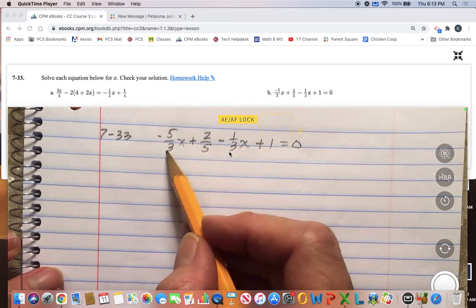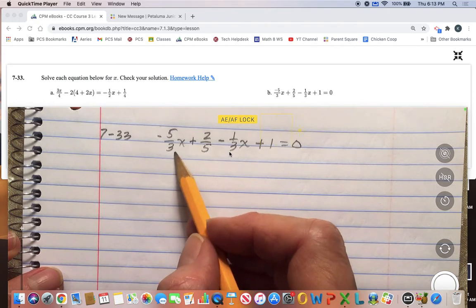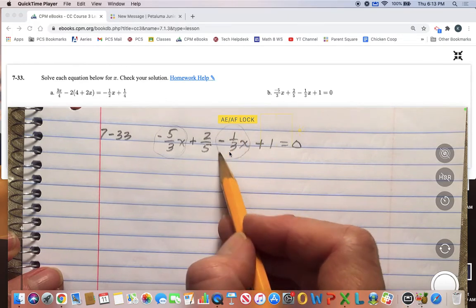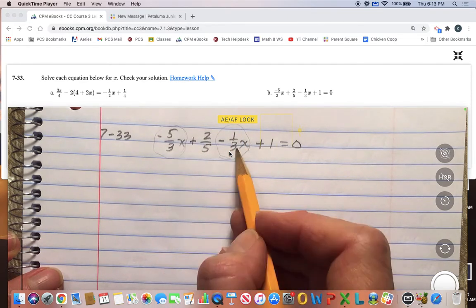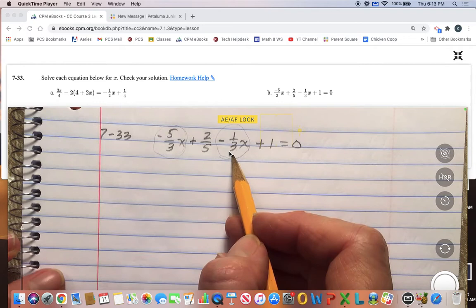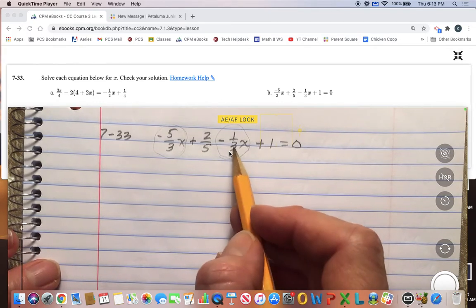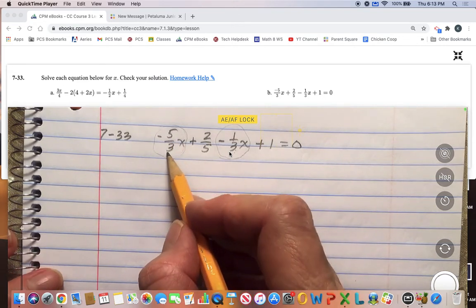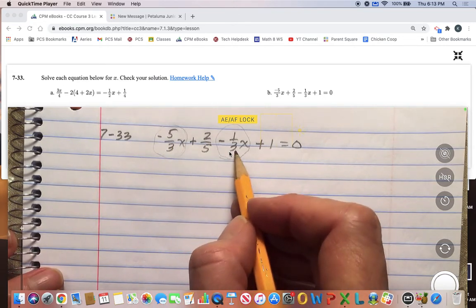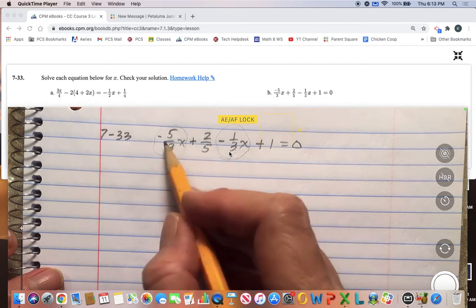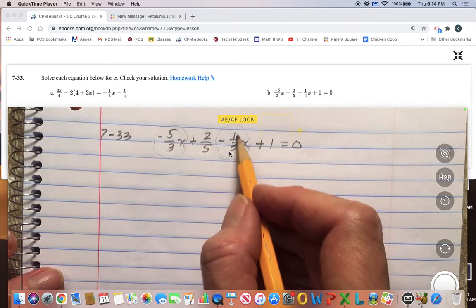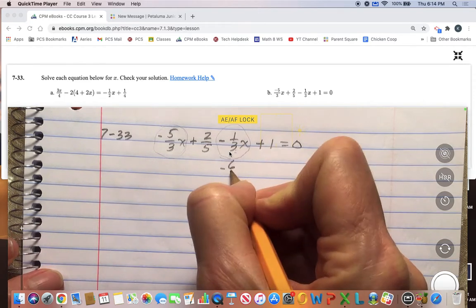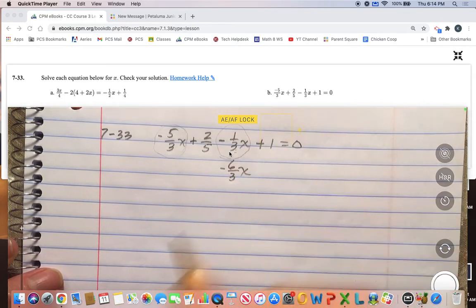But before I do that, I've noticed that I've got a negative 5/3 x and a negative 1/3 x. And these are like terms that I can also combine because they both have the same denominator. So if I add together negative 5/3 and negative 1/3, I'll get negative 6/3 x.